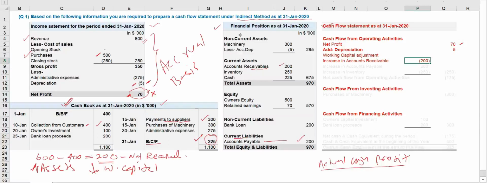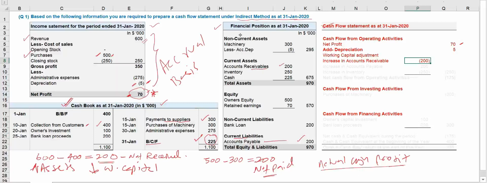So out of 500,000 purchases, the company has paid only 300,000. So 200,000 is to be paid. It's not paid. So this net profit of 70,000 is less by 200,000, for which the company has not paid, whereas in the income statement we have deducted 200,000.